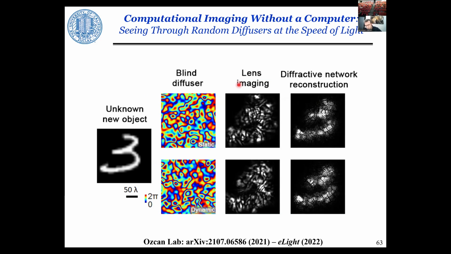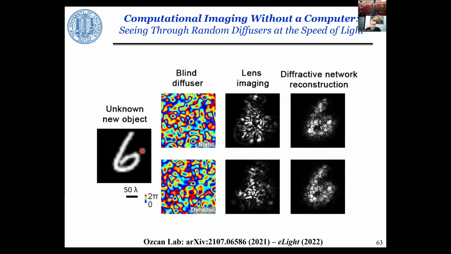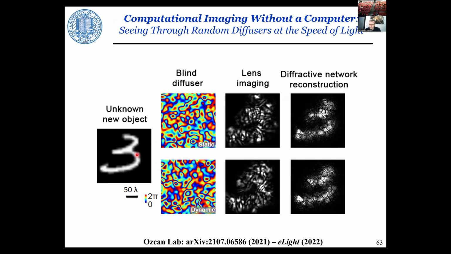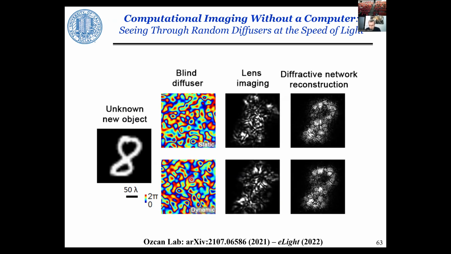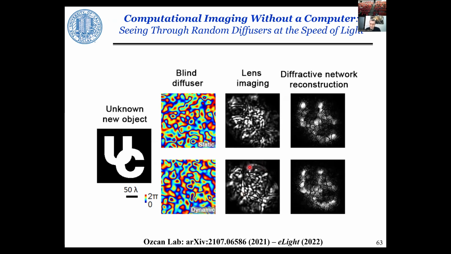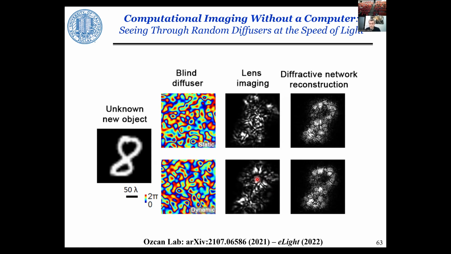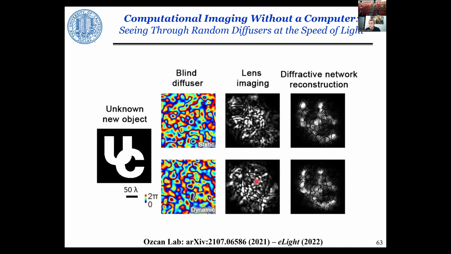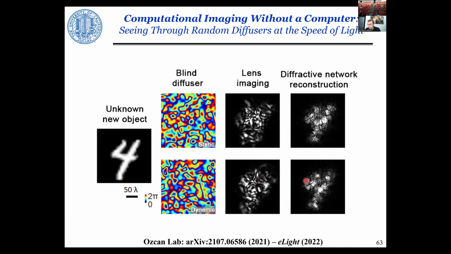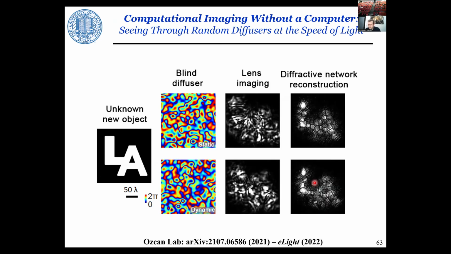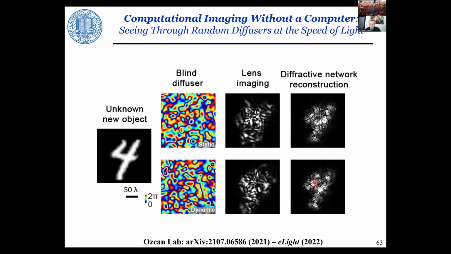In other words, we're solving this problem as highlighted here. Objects are going to be changing, sometimes out of distribution. The diffuser is dynamic, random. If you don't do anything, you'll be left with these speckled patterns, which you can, of course, use a digital computer and perhaps a neural network to reconstruct. But we don't want to do that. We want to get the answer to a good degree with just a few tens of picoseconds of light matter interaction.